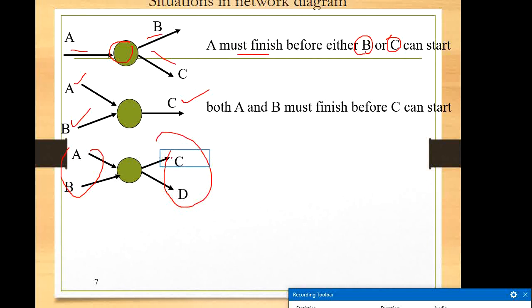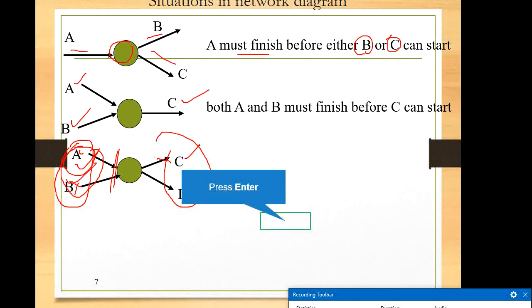You must ensure both A and B finish before you start either of these, because the commencement of these two is linked to A and B. If you complete A but B is incomplete, you cannot go to C or D. So if you want to go to C or D, you must finish both A and B. Both A and B must finish before either of C or D can start.